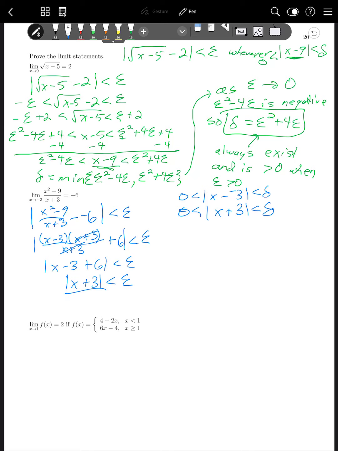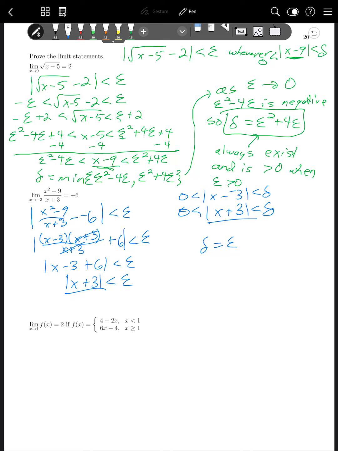This is the same as this. So that means in order for this to work, delta just has to equal epsilon. And that's something we can always do for epsilon. So that proves that no matter what epsilon I pick, no matter how small I make the area around the function value, I'll be able to find a region around the x value.